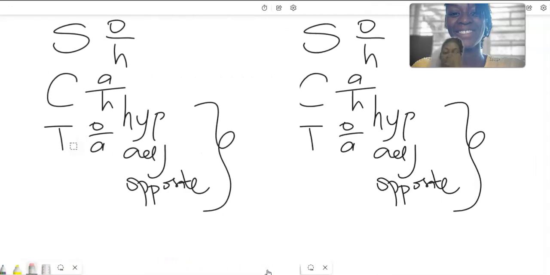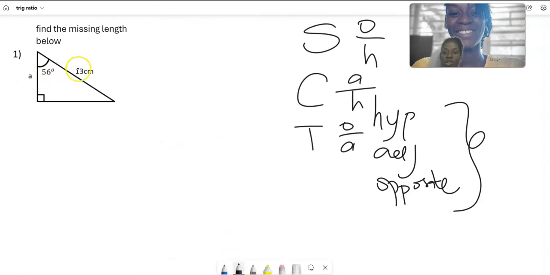So look at the triangle over here. Here is our acute angle. Remember I said you can identify the adjacent side because it has the right angle on it as well as the given acute angle. So if you look at this side A, here's the right angle on it, and here is also the acute angle on it.